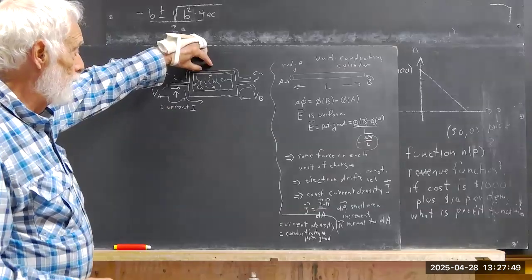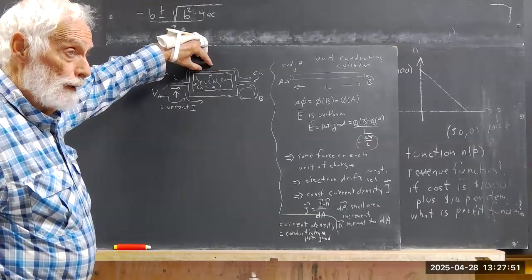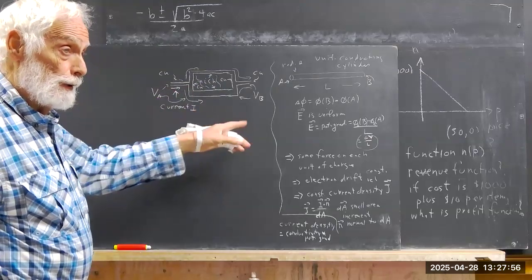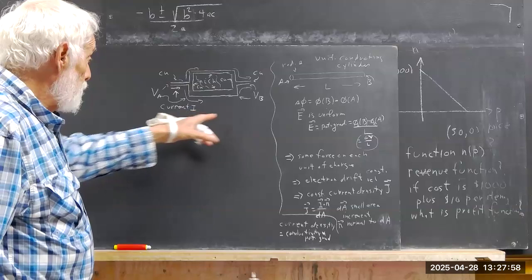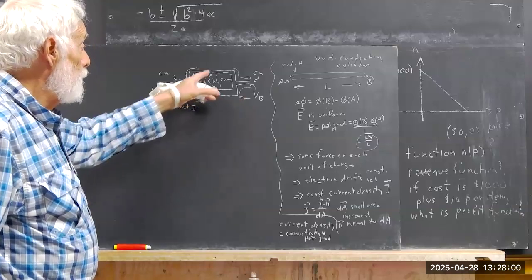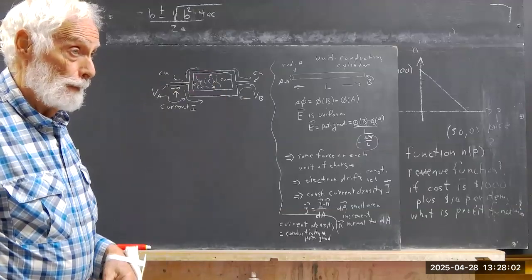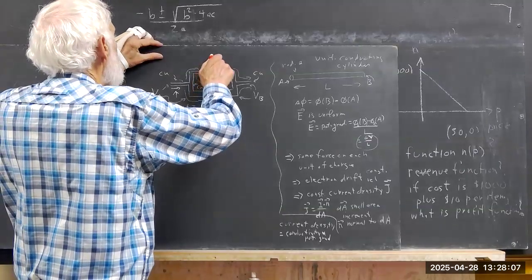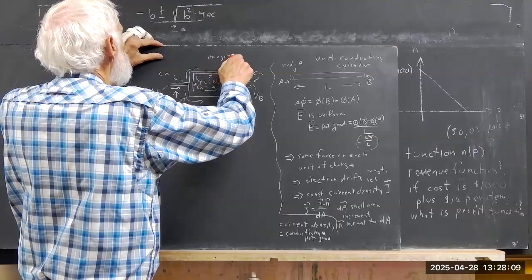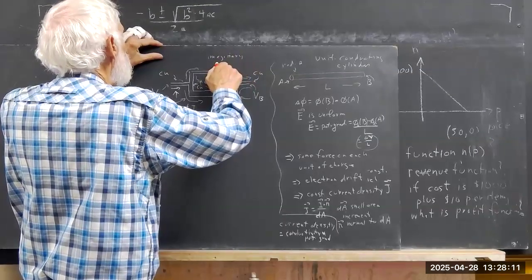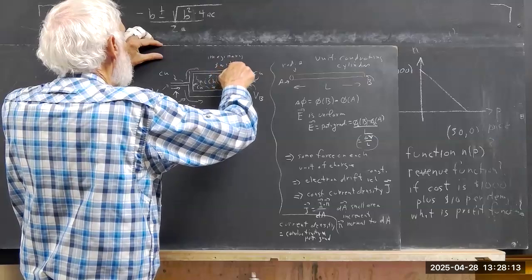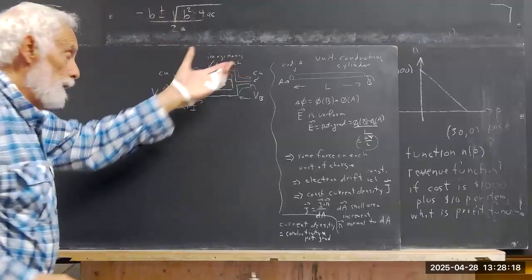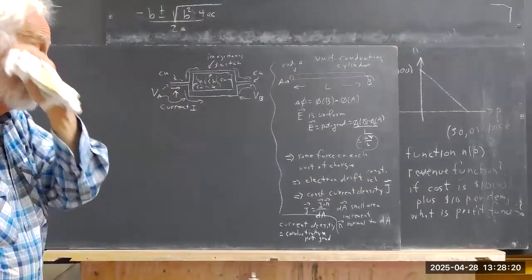If I open the switch, is it making any difference in the potential? The potential is VB minus VA, whether this switch is open or not. So we have an imaginary switch somewhere in this piece of copper.